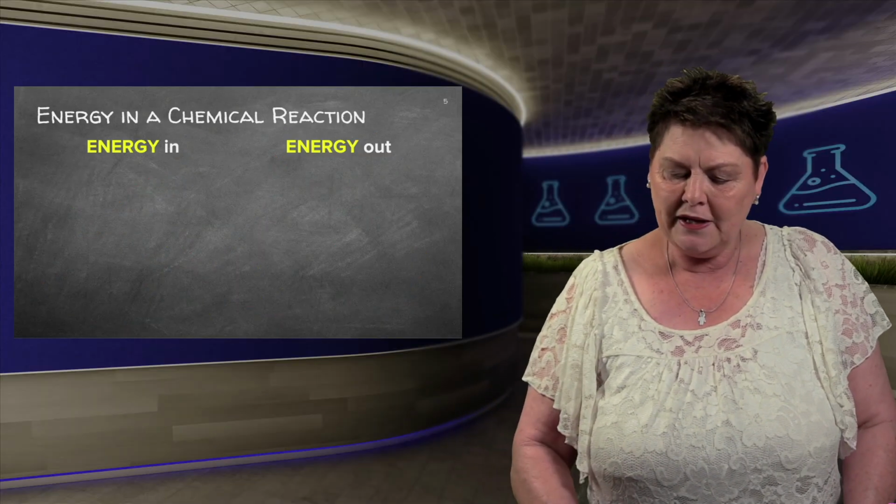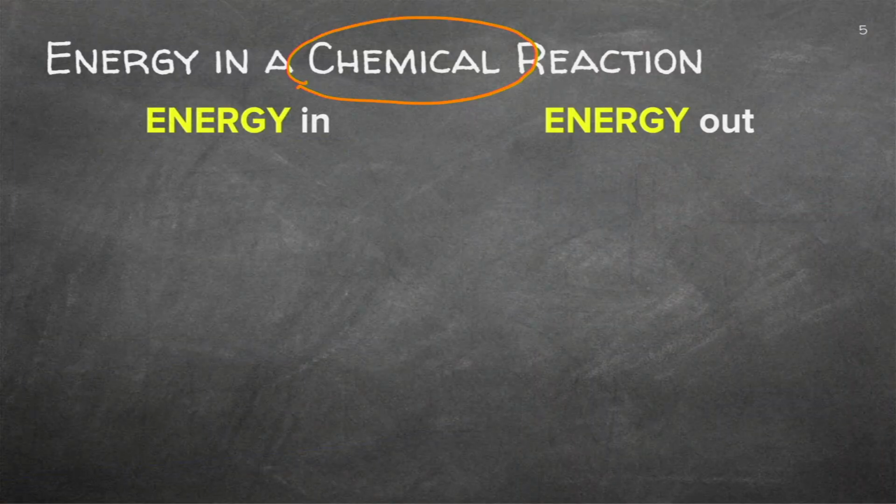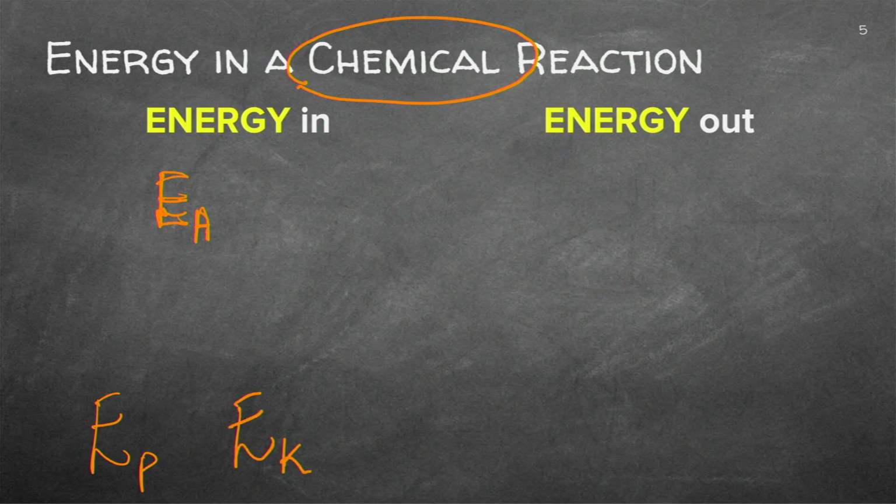Right, so we're putting in energy in all chemical reactions. We call that activation energy, and I'm just going to refer back to a previous lesson. It's E because it's energy, and it's A because it's activation. We did potential energy, we did kinetic energy. These we did in physics as well as in chemistry, but specifically when we do chemical reactions, we work with activation energy.